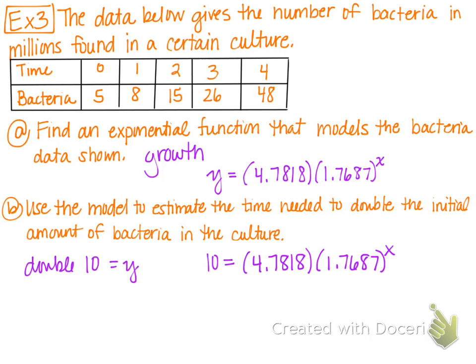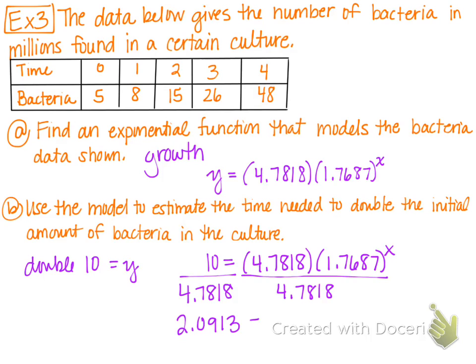So we need to divide both sides by 4.7818. Okay, so then you end up with, on the left-hand side, 2.0913, and that's equal to 1.7687 to the x power. And I'm actually running out of room, so I'm going to go to the next slide with this.